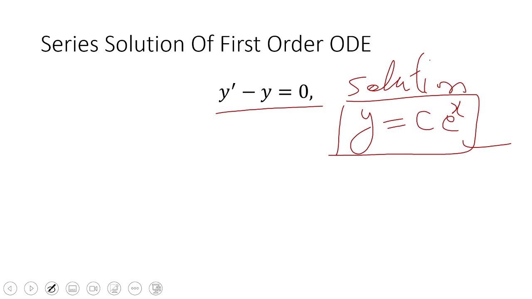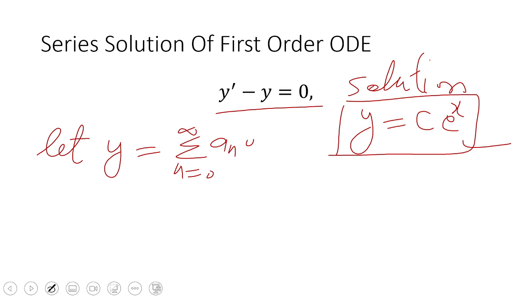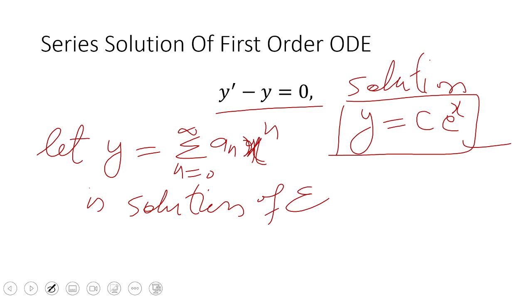So we take a solution. Let y equal summation n from 0 to infinity a_n x^n be a solution of equation 1.